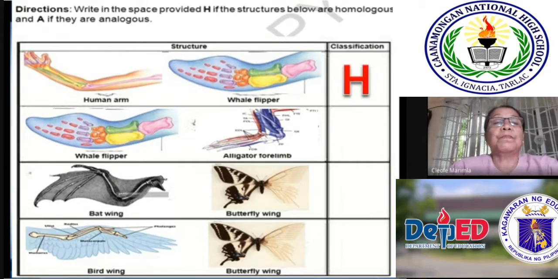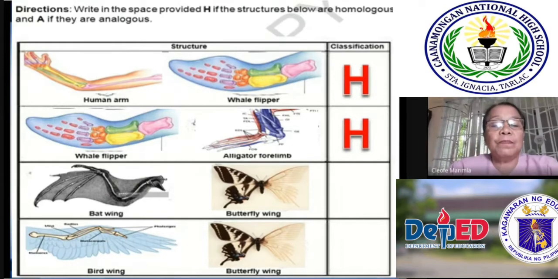Number 2, whale flipper and alligator forelimb. Yes, it's a homologous structure because they have the same origin and structure of certain body parts, but they perform different functions.